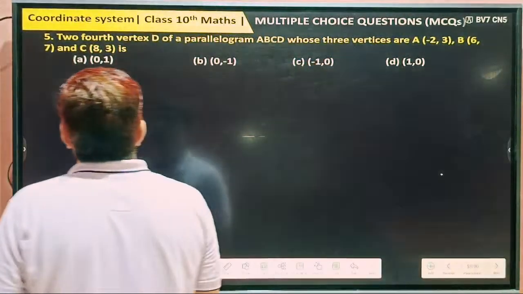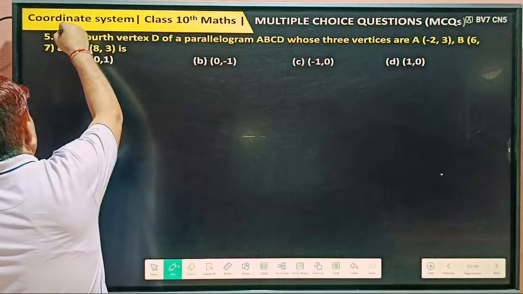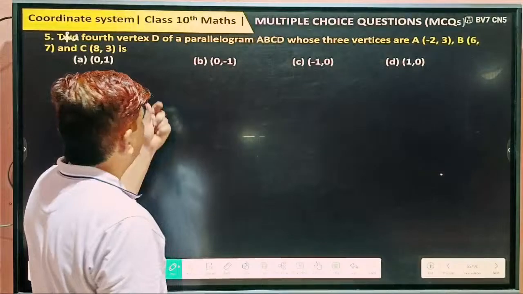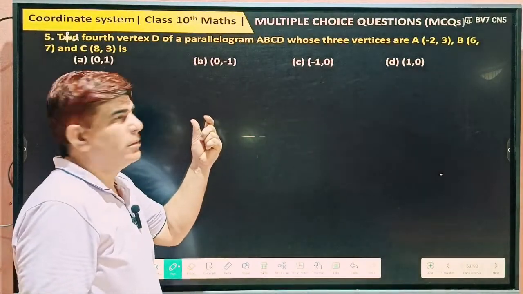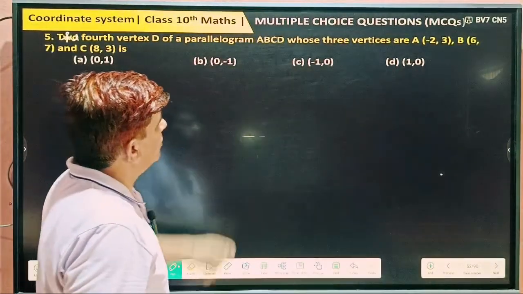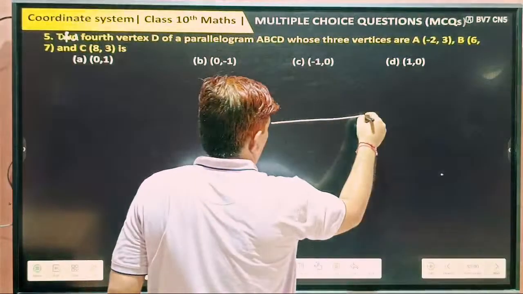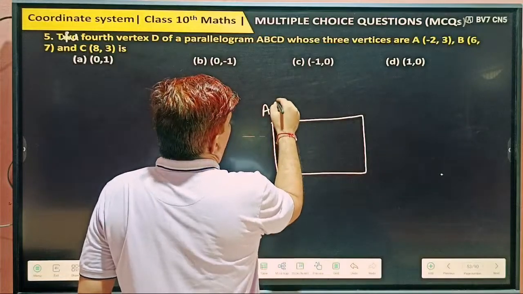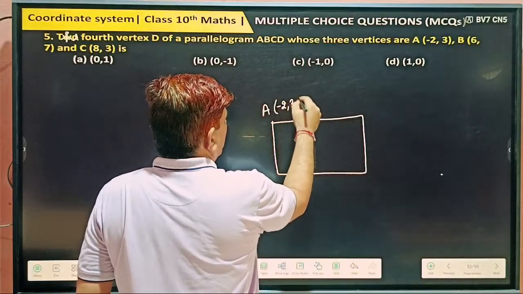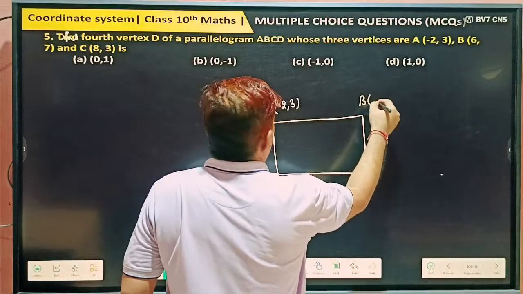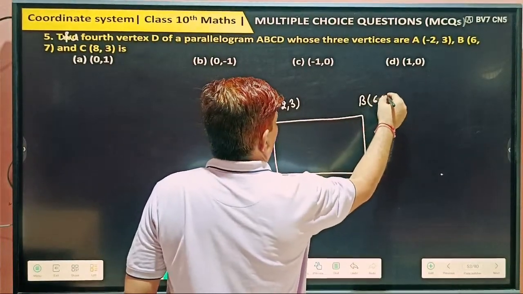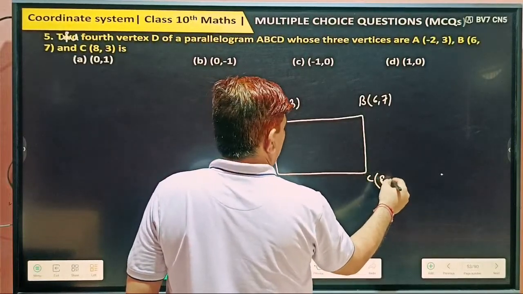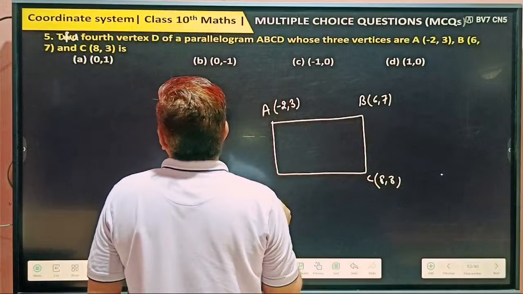fifth part. This is the fourth vertex. Vertex meaning corner of a parallelogram. So this is a parallelogram whose A is -2, 3, B is 6 and 7, C is 8 and 3, and we have to find out what?